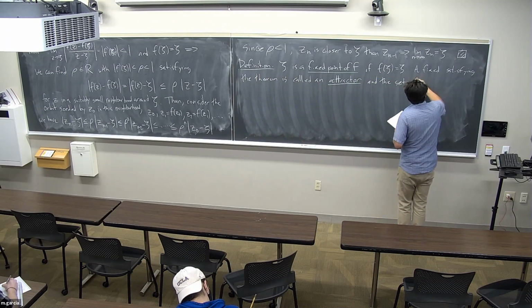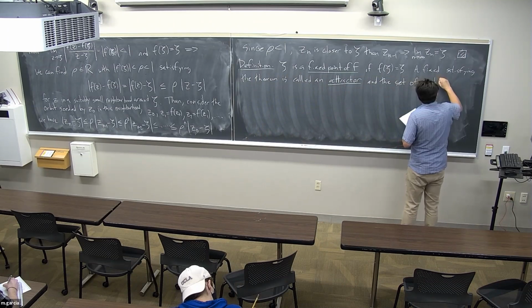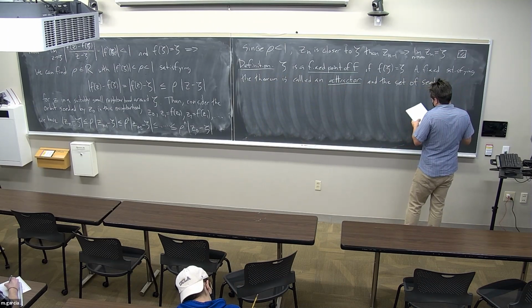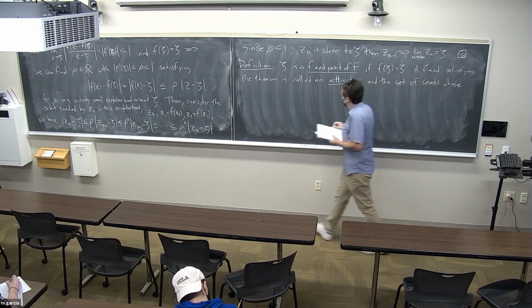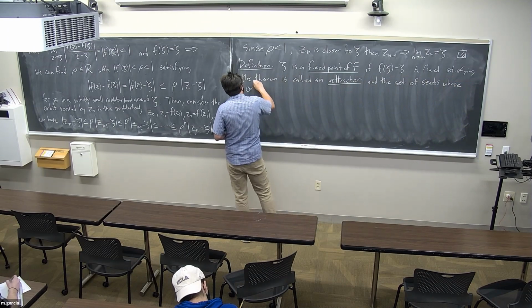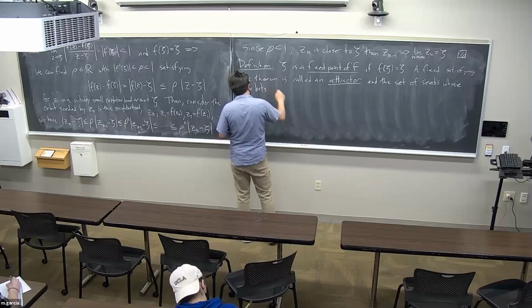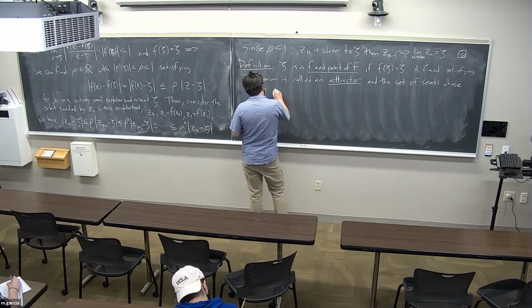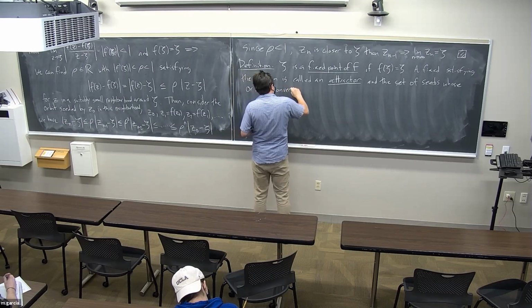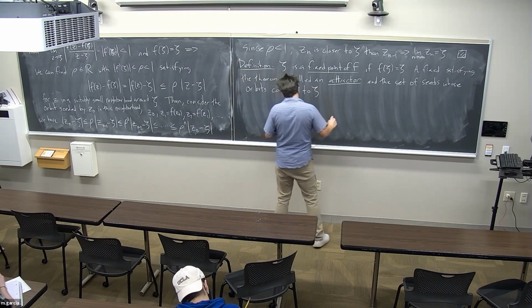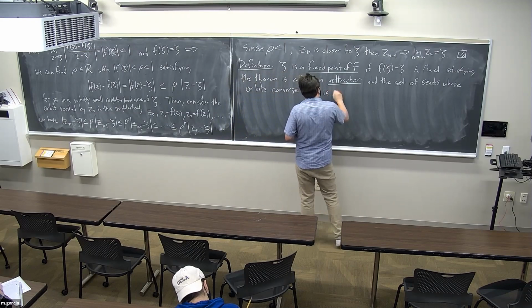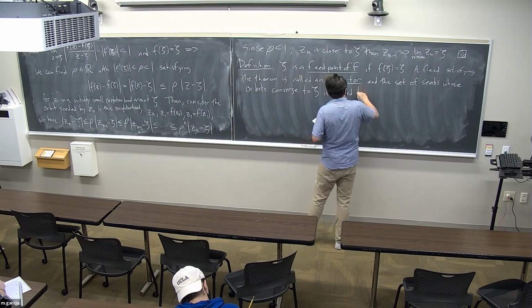The set of points whose orbits converge to zeta is called the basin of attraction.